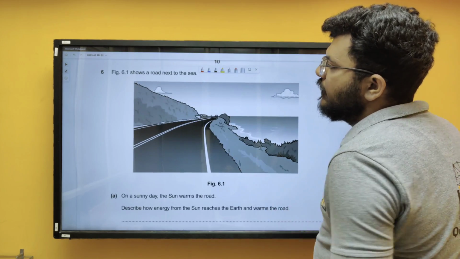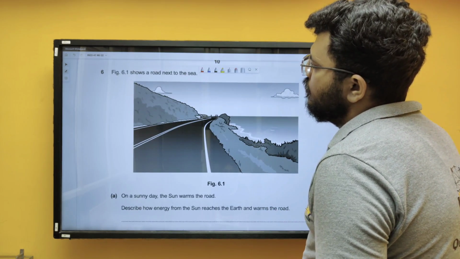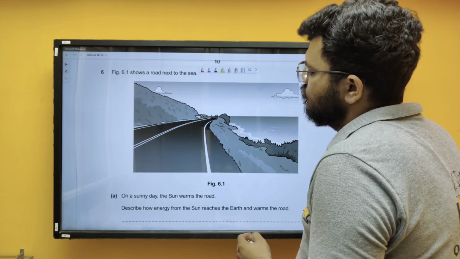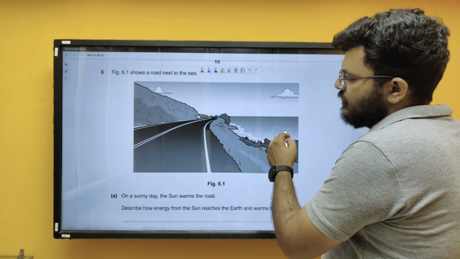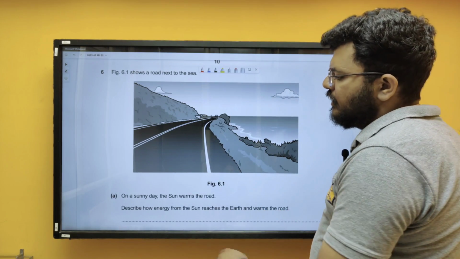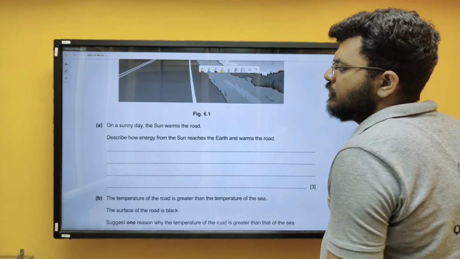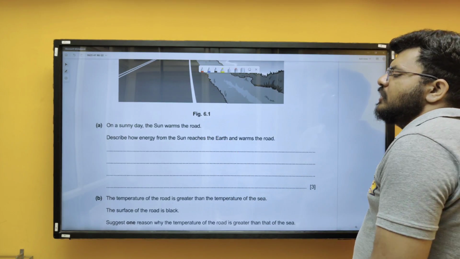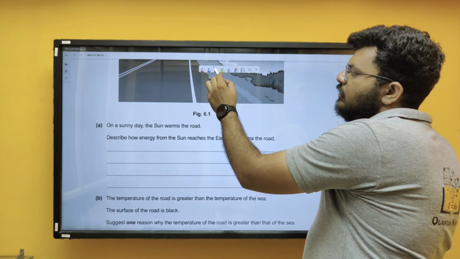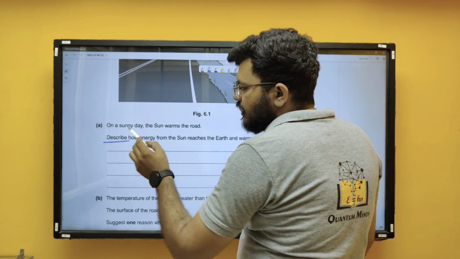Yes, it is. Then we have question 6. Figure 6.1 shows a road next to the sea. Okay, this is the sea, this is the road. On a sunny day, the sun warms the road. Describe how energy from the sun reaches the earth and warms the road. So there are 3 components. Describe, right?